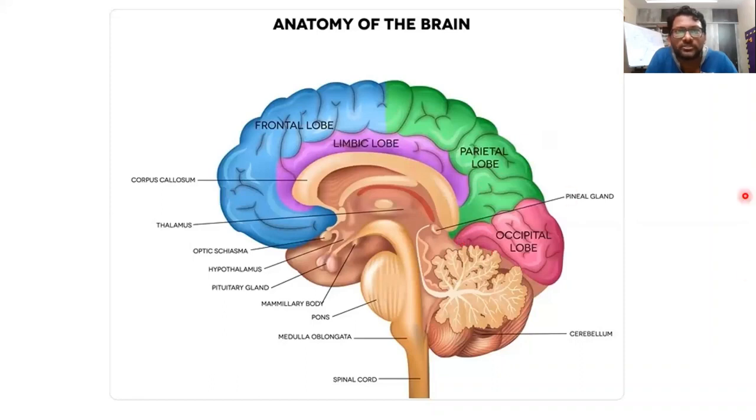So what does each part signify? Let's see. First one we'll talk about is the thalamus. The thalamus is anterior to the midbrain. So this is the midbrain, and this is the anterior position. Its functions are: it integrates different sensory information.